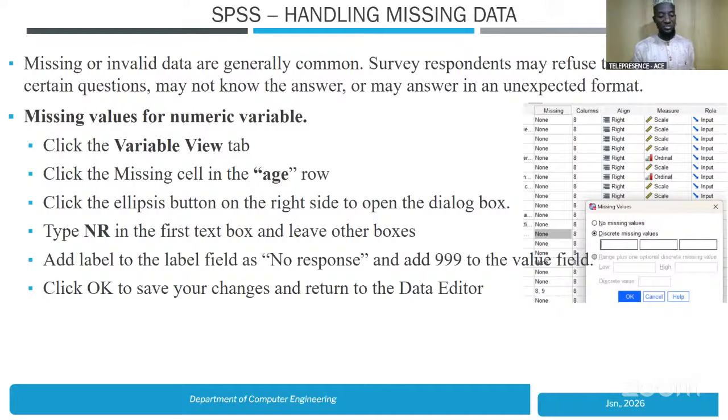However, if they are not string, you can equally use a particular number, like the one we have here. We can use 999 to replace the areas that are missing. So when SPSS is handling the analysis, it will use this one as default value for the missing data.